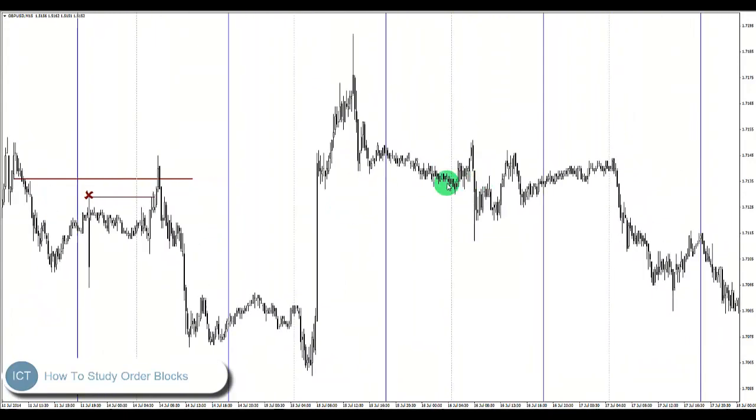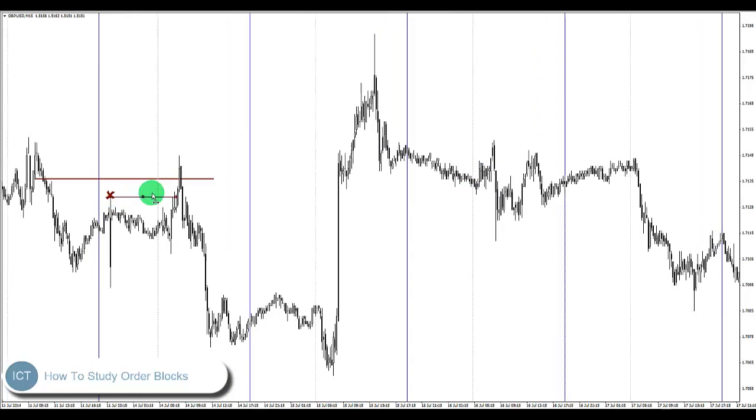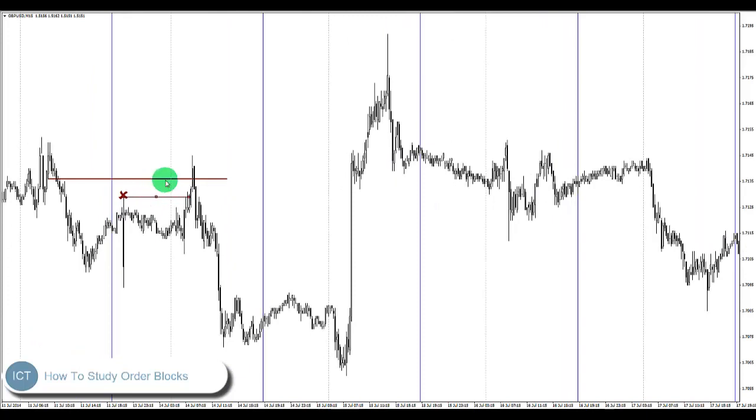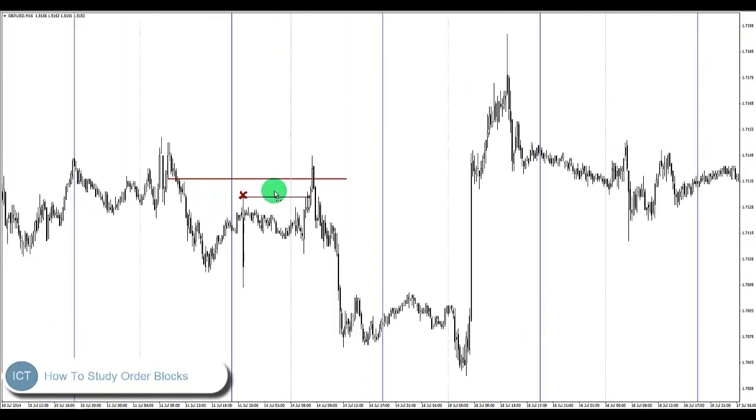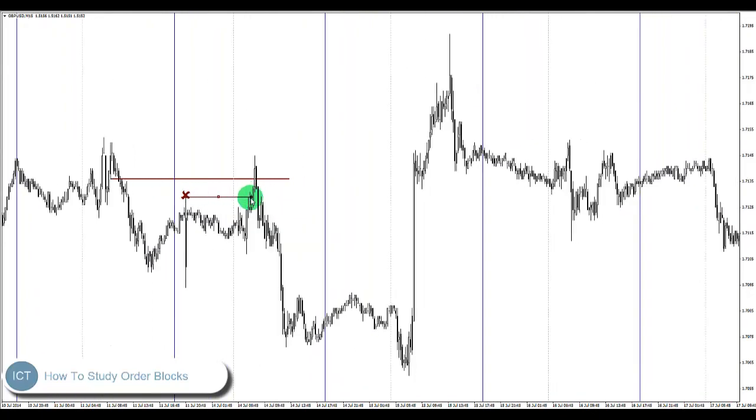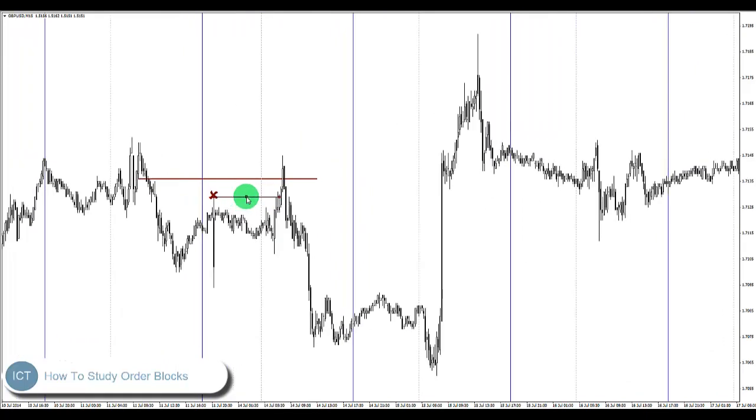Okay, we have, again, we have 5 GMT or midnight time frame in New York. We have an area where we see stops being right here.